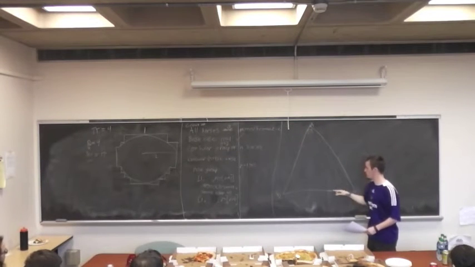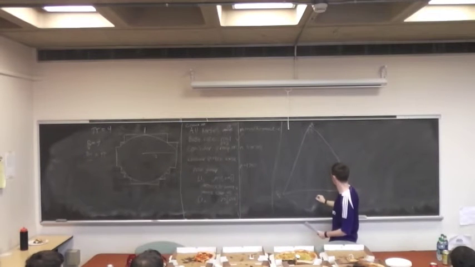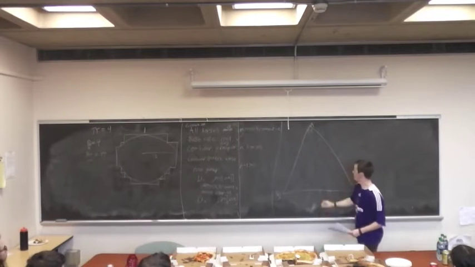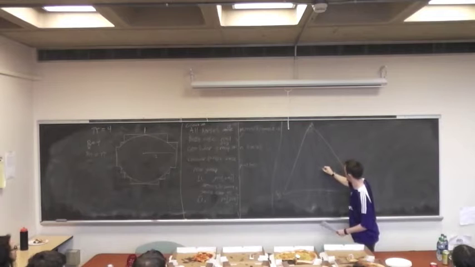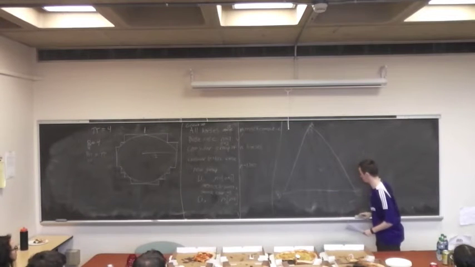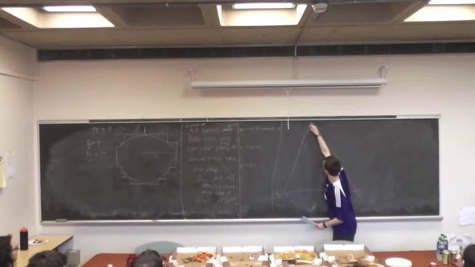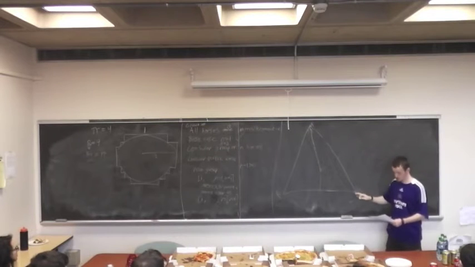Then draw the perpendicular bisector of BC. Draw this line, and label the point where they intersect as O. Now I'm just going to erase these extra parts and draw that. Okay, so we have that.